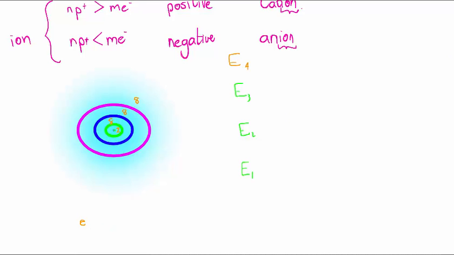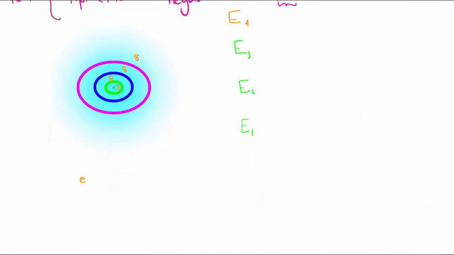So let me draw energy level 1 for you here. I'm blowing it up. So here's energy level 1. There's 1 electron in energy level 1, and here's another electron in energy level 1. You see it? And if the one spins this way, the other one spins that way.